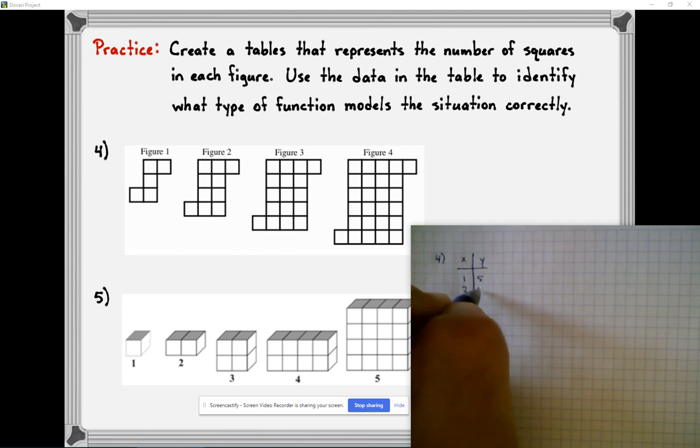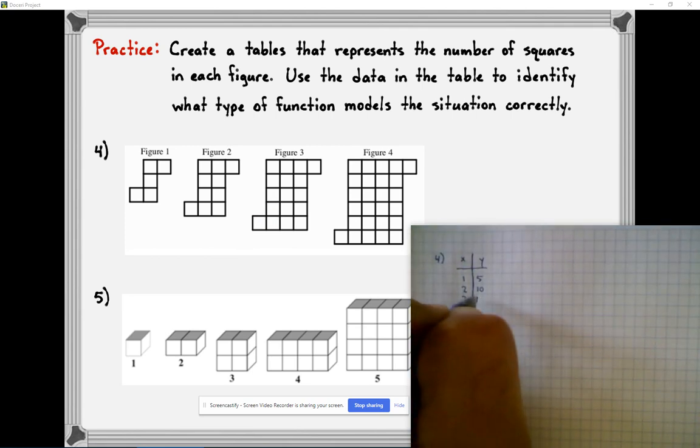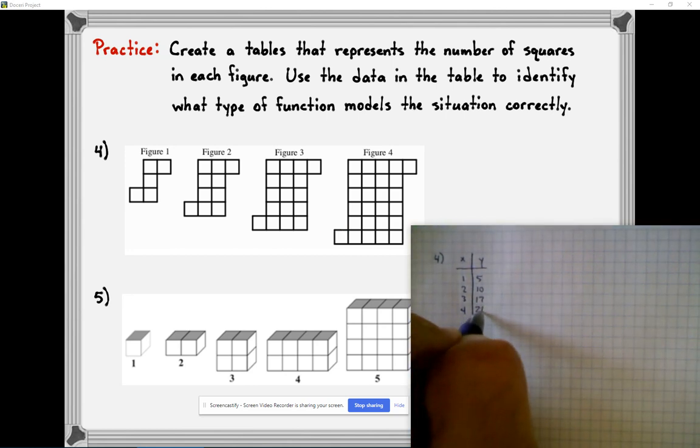We actually have 10. In the third step, we have, well, we can do some multiplication here. 3 times 5 is 15, plus these 2 is 17. And then the last one, it looks like we are 6 tall and 4 wide. So 6 times 4 is 24, plus 2 more is 26.